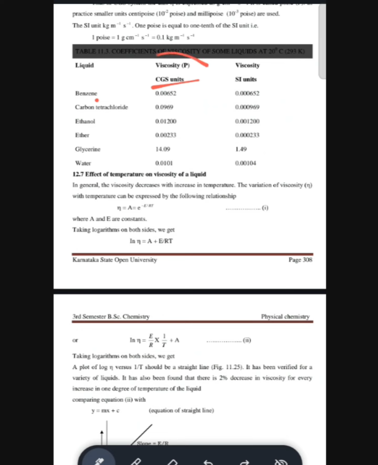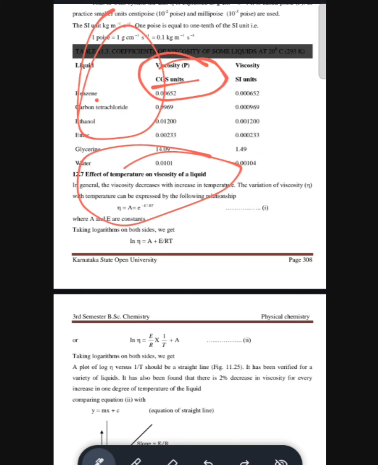So CGS units means centimeter gram second, how many centimeters and how many grams move in 1 second, that is the viscosity that we are going to study. So what is viscosity? It is a measure of fluid resistance to flow. That is given in centimeter gram second.